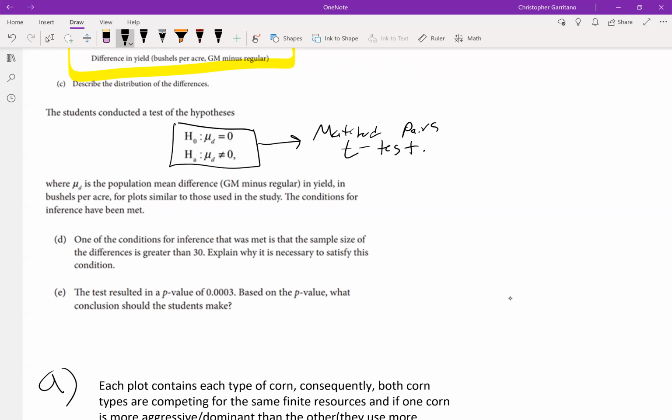But these are actually very closely related distributions. As sample size increases, T approaches the normal model, and it actually happens fairly quickly. Okay, so anyway, the bottom line is this sample size requirement is all about the shape.